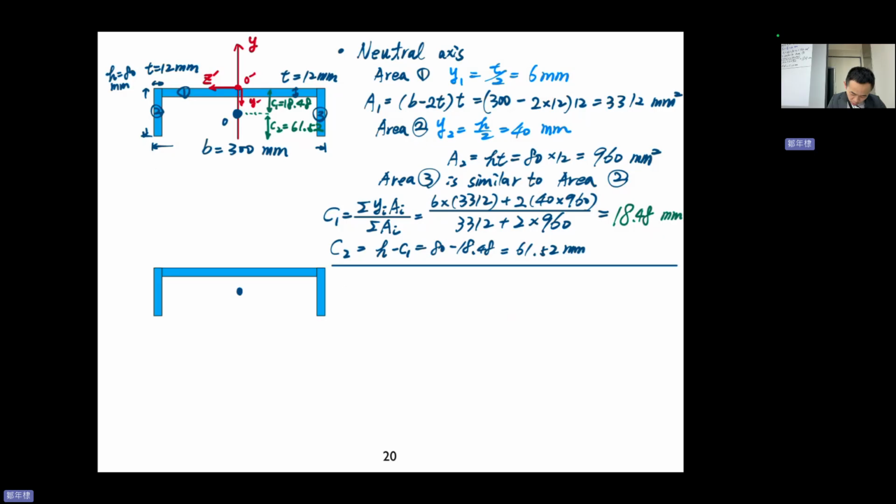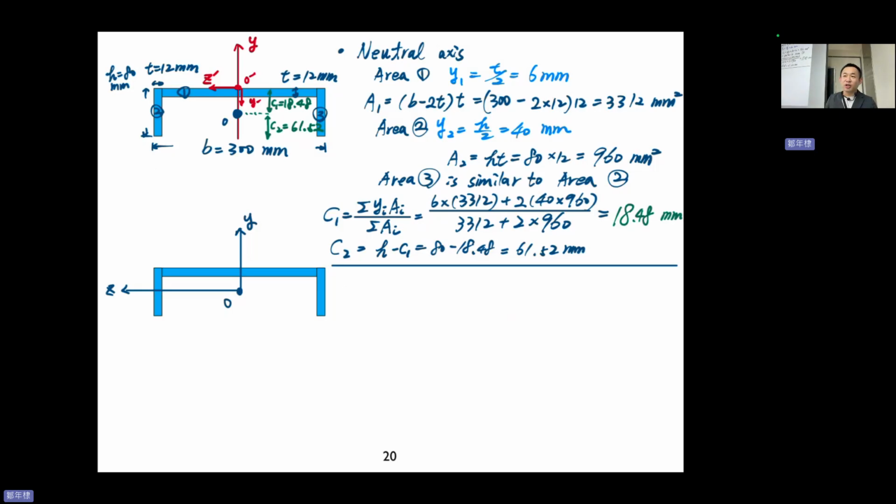Here is your O, and here is your Y, and here is your Z. After so much time here, we just made sure one thing: the neutral axis, and the distance here is 18.48. You see, we spent so much time calculating so many things, and we only got the neutral axis. The neutral axis is 18.48 millimeter from the top, that's all.